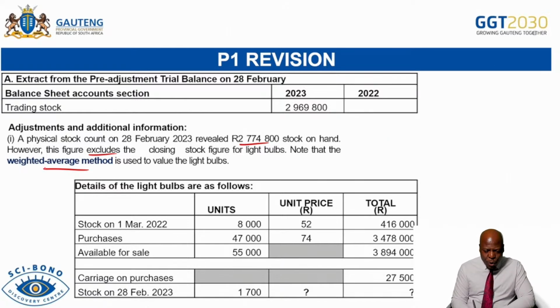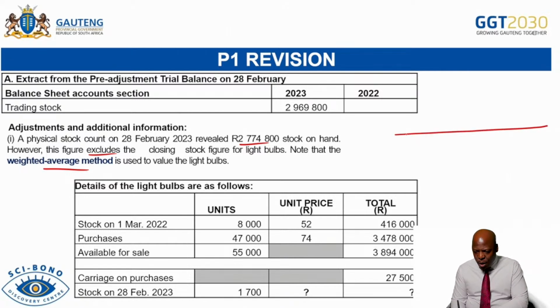We know that once we use the weighted average method, I'm going to have a straight line over here like that, where I have my rands over my units. And then I'm going to begin with my stock that is available for sale. I'm going to look at the stock that I have been given.